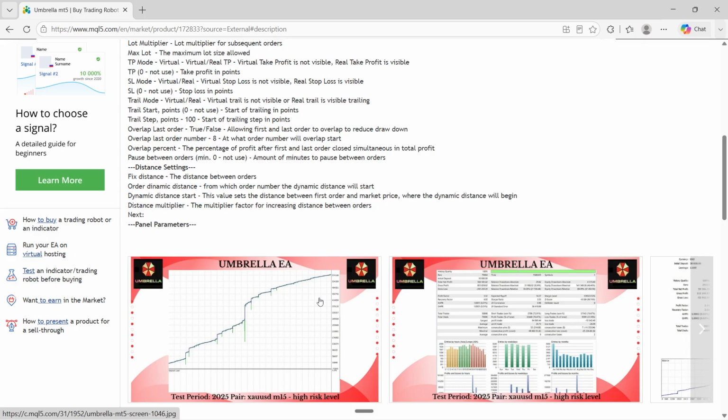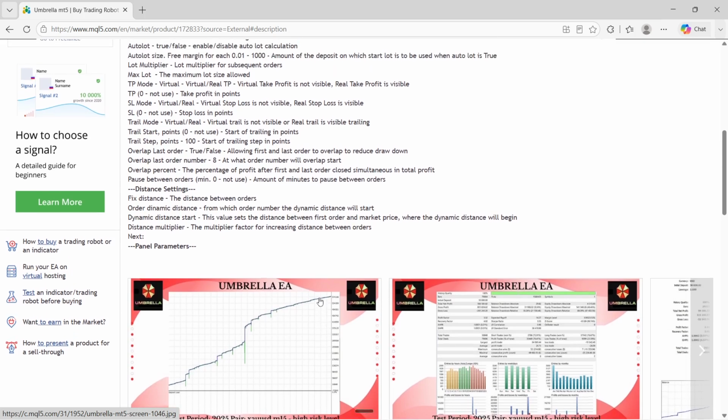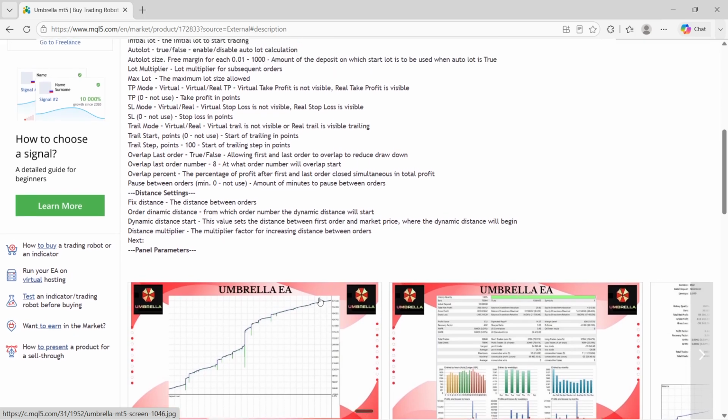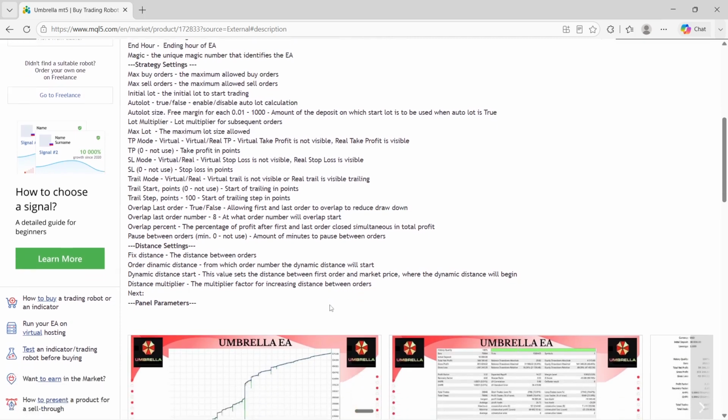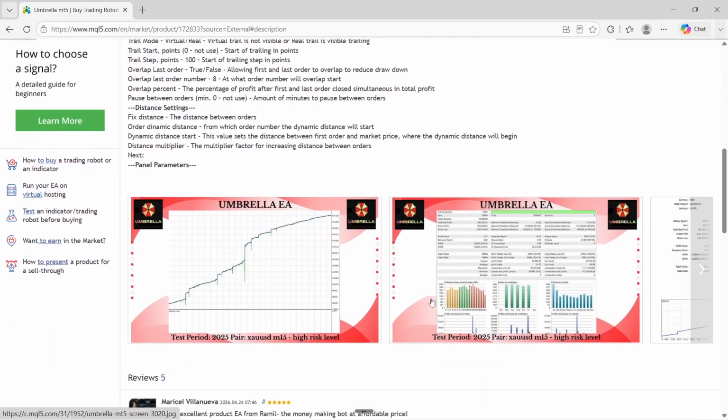The key features include the proprietary trend indicator, martingale grid logic with lot multiplier and max lot controls, optional hedging, virtual or real take profit, stop loss and trailing, time filters, spread filter, auto lot calculation, and the ability to overlap the first and last orders after a certain level.